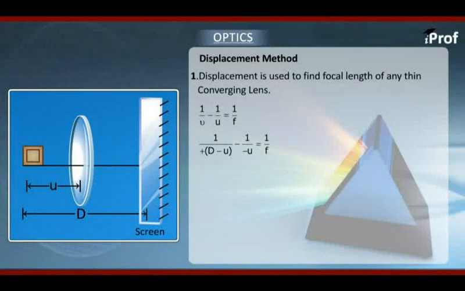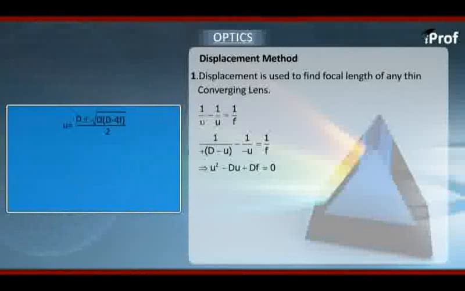Now when this is rearranged, we get a quadratic equation, and that quadratic equation will be u square minus Du plus Df is equal to 0.